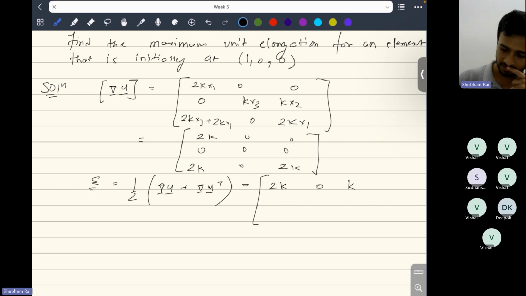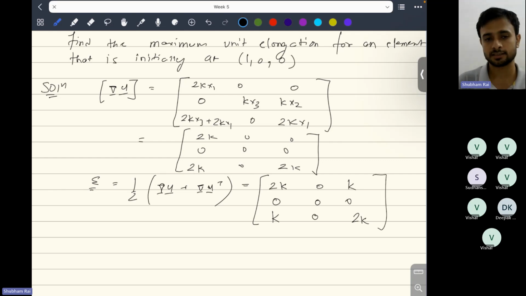Similarly here you will have 0 because it is symmetric, and diagonal elements will obviously remain the same, while off-diagonal elements will change. So this will again be 0, and since it is symmetric, this will also be k. This is the strain tensor that you will get. You can also directly put the values: you have the gradient of u, then you find its transpose, and then you add them to get this matrix.